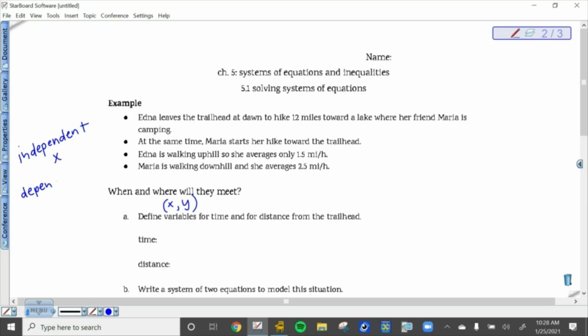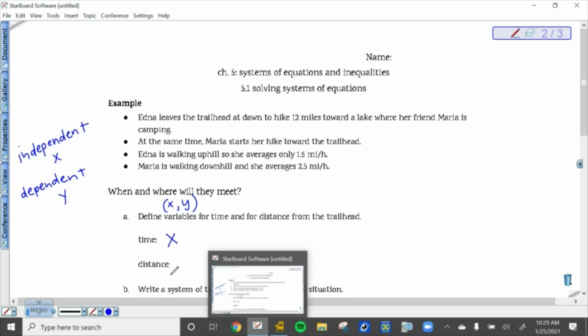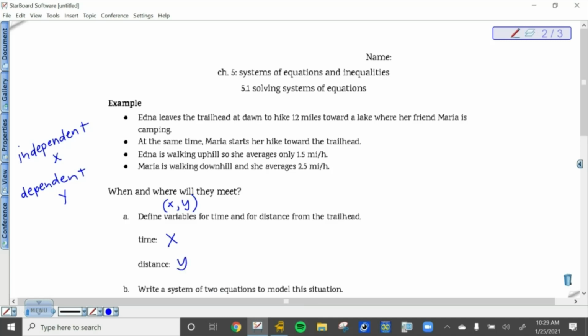Y. What did I tell you about time? So the two things we're talking about are time and distance. What did I tell you about time? Yeah, it's almost always going to be your x, your independent variable, because time just moves independently. We don't control it. So time will be our x, and distance then will be y.